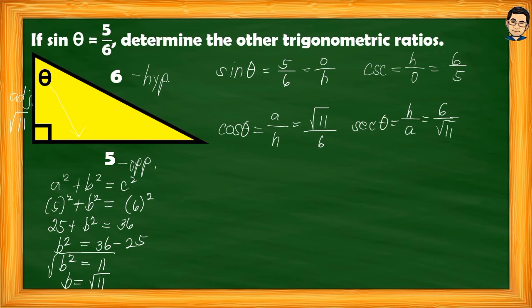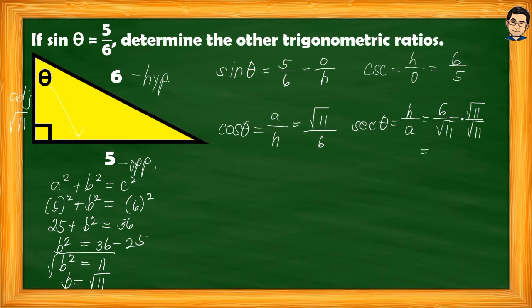So, through rationalization. So, paano ang rationalization? I-multiply natin to both numerator and denominator, yung square root of 11. Para matanggal yung radical sa denominator. So, okay lang na magkaroon ng radical sa numerator, pero sa denominator, hindi.